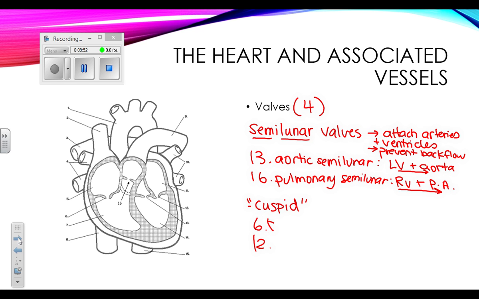Number 6 is the tricuspid valve, and number 12 is the bicuspid valve. Number 12, the bicuspid valve, used to be called the mitral valve, and in some pieces of text, that's still what it's called. If you look at their names, they have bi and tri in them, essentially indicating that one of them has two parts to it and the other one has three.